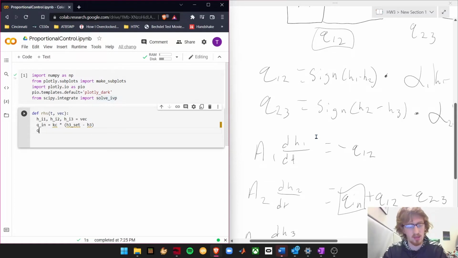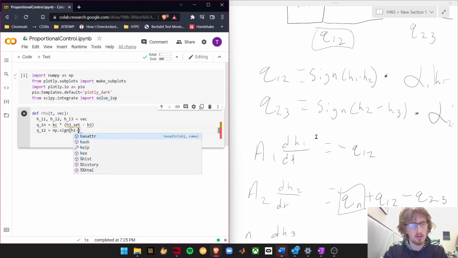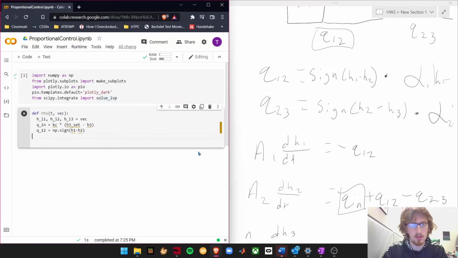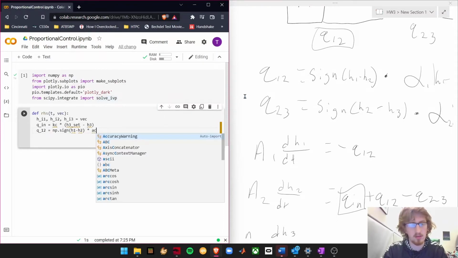Then our Q12 is going to be the sign of our height 1 minus our height 2 times our alpha.